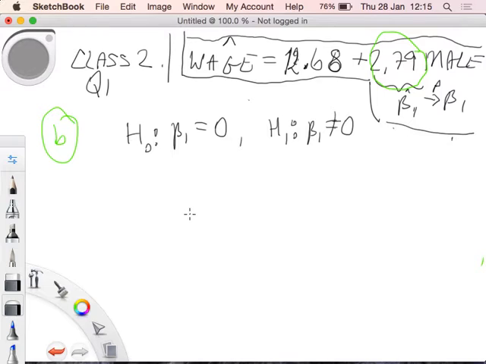This is the significance of the coefficient, the gender gap, basically this beta 1. Now what do we usually do? We estimate the distance from 0. This value is how far away from 0 it lies, because if it lies close to 0 then beta 1 is 0, so there is no gender gap.